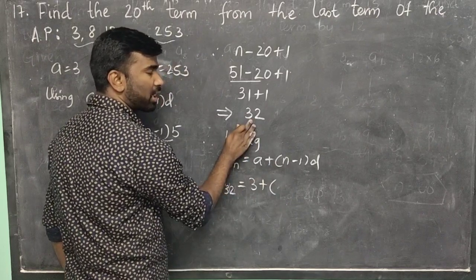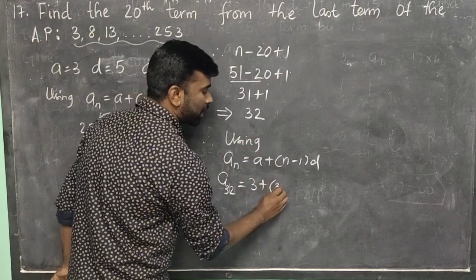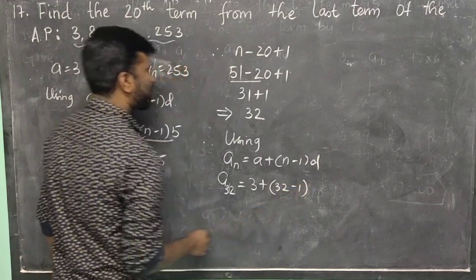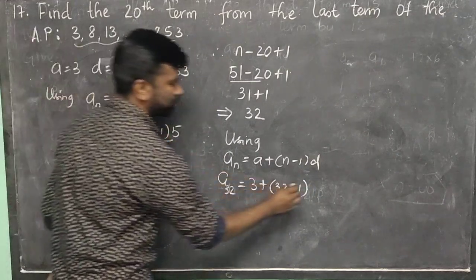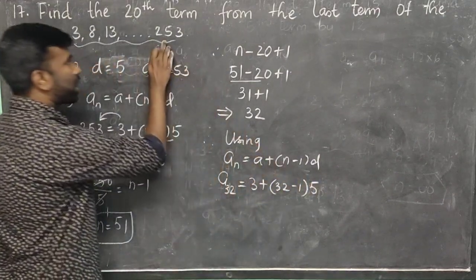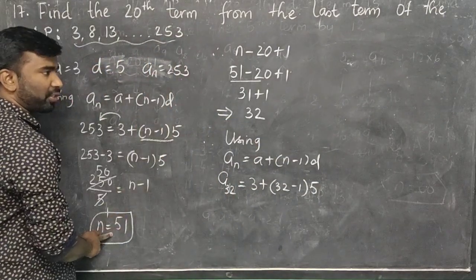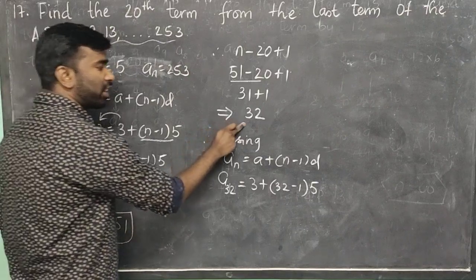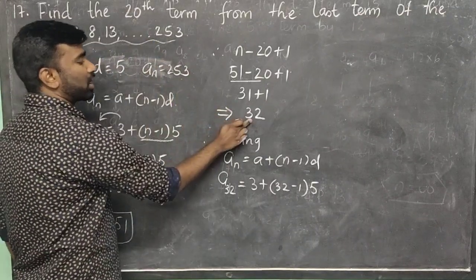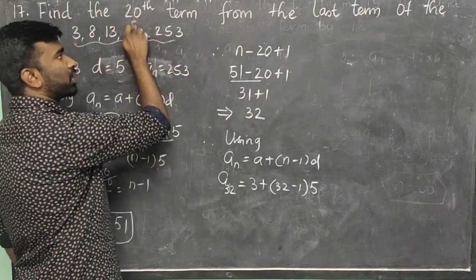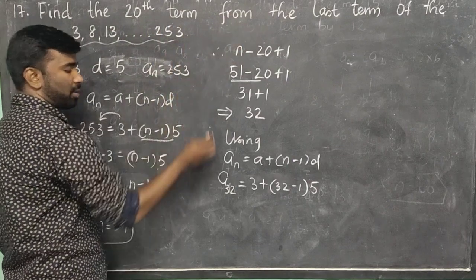That is the 32nd term. We should find out n equals 32 minus 1 into, what is the value of d, is 5. Don't confuse the last term and the 32nd term. Using the last term we have found out the value of n. Then from the beginning we should find out the 32nd term, which is nothing but the 20th term from the last term.